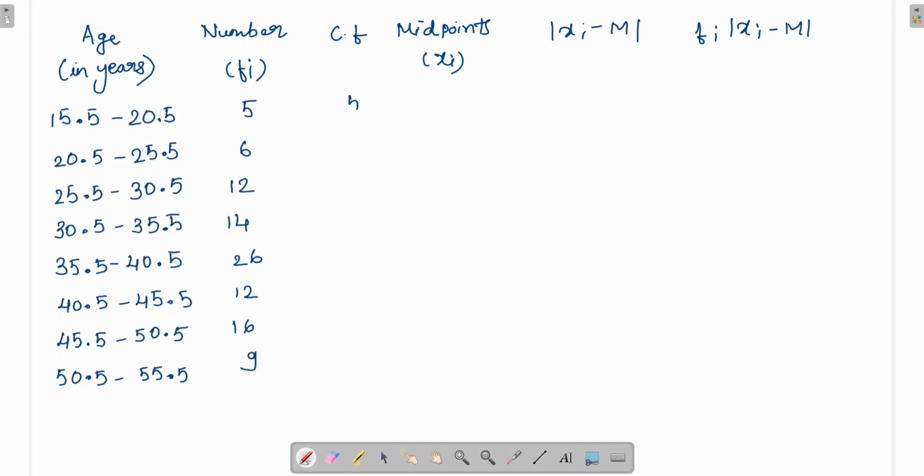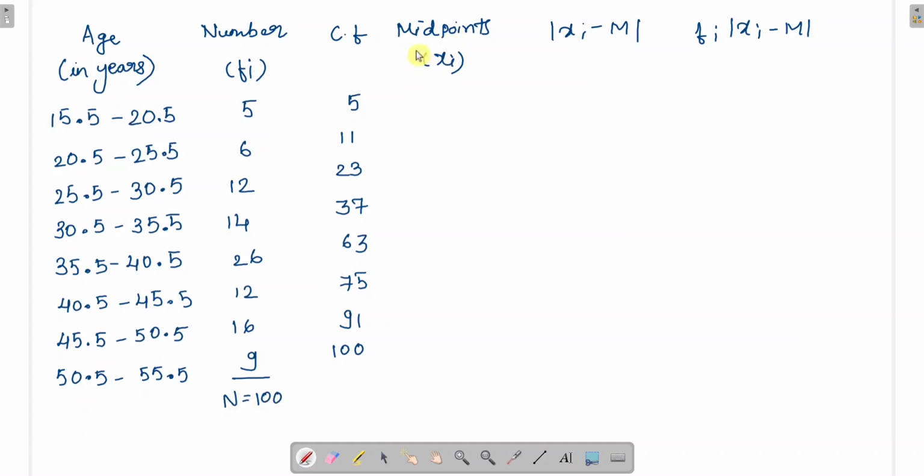So first 5 is written as 5, then 5 plus 6 is 11, 11 plus 12 is 23, 23 plus 14 is 37, 37 plus 26 will be 63, 63 plus 12 will be 75, 75 plus 16 will be 91, 91 plus 9 will be 100. So capital N is equal to 100 number of items.